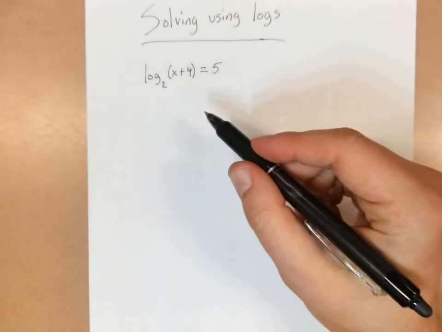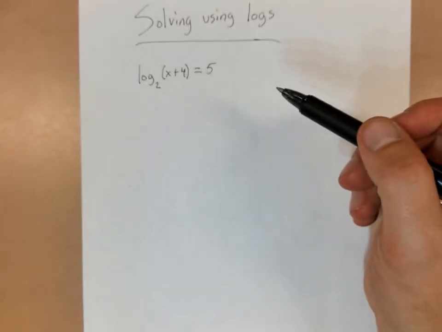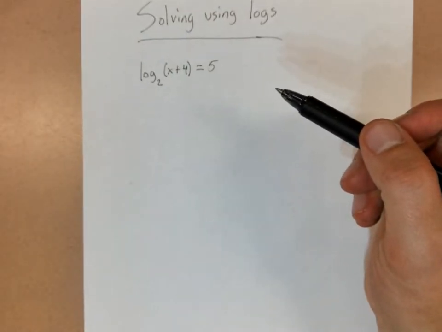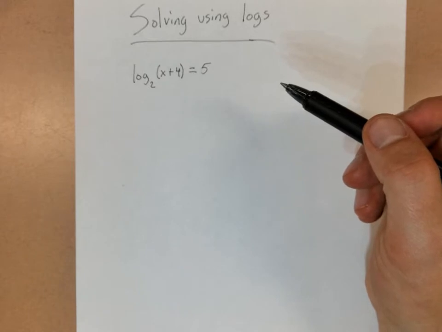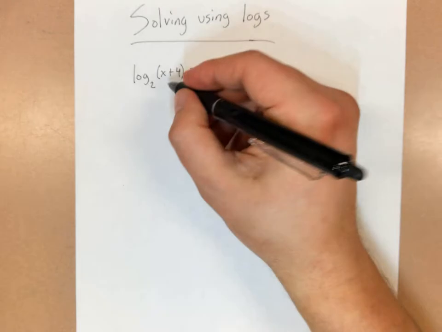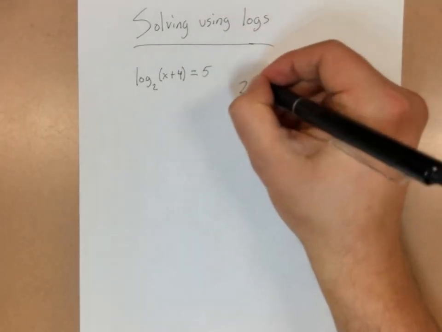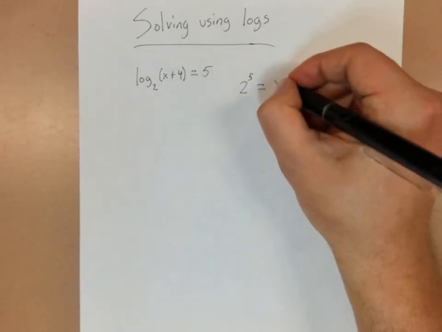What you can do is use the log rules to convert this into exponential form. If you need assistance with that, I do have another video you can check out. So we're going to rewrite this as 2 to the 5th power equals x plus 4.